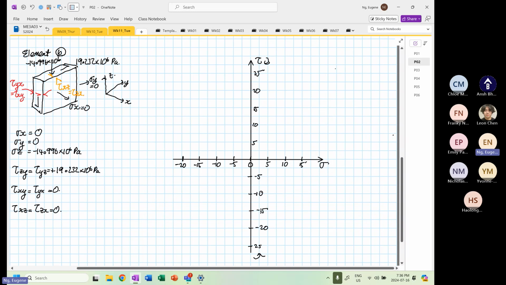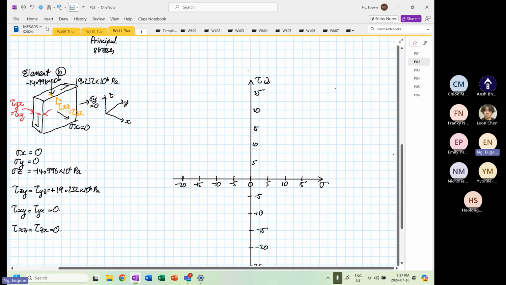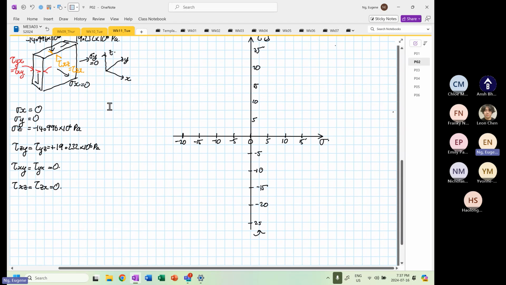So when you see from here, right, we are going to plot, we know that stress X and stress Y is equal to 0. So we know that this is our stress X and stress Y line. And then stress Z is minus 14.996. So I'm going to call it minus 15. Okay.